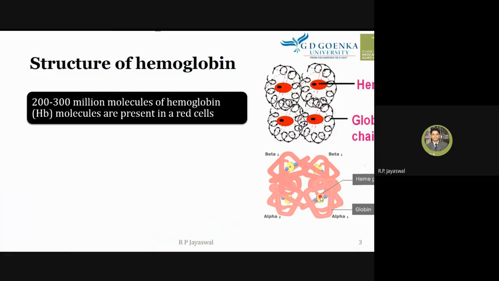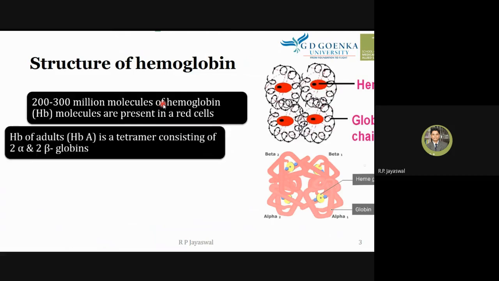Now, 200 to 300 million molecules of hemoglobin are present in our red cells. This is the expected number of hemoglobin molecules in a single cell. If you study a single red cell, you will find 200 to 300 million molecules of hemoglobin.